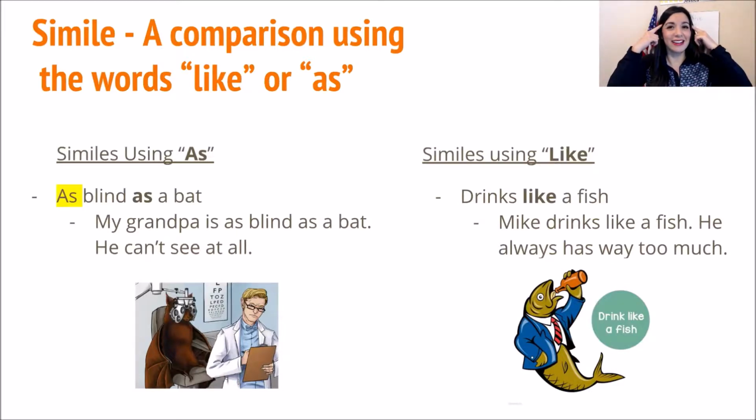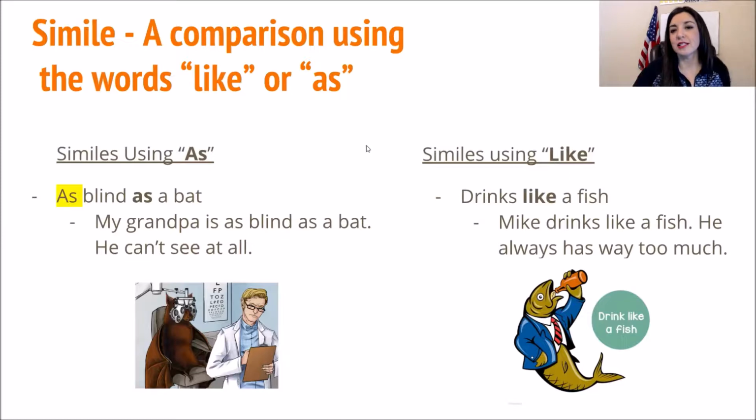That's the idea that people have. I don't know who said it, but that's just the way the language has developed over time, so that when we say blind as a bat, it means that you cannot see. For example, my grandpa is as blind as a bat. He can't see at all.